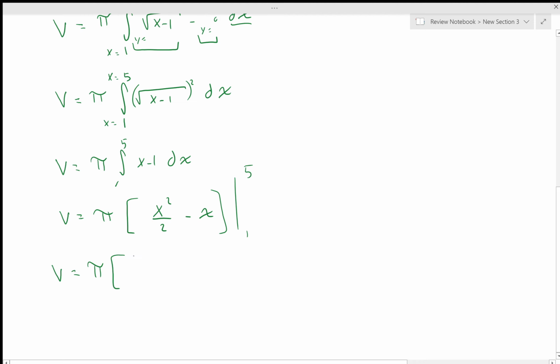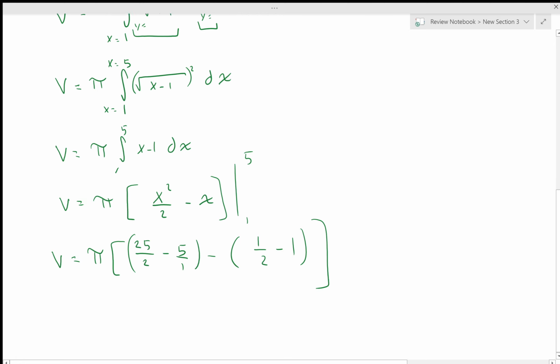5 times 5 is 25 over 2 minus 5. And let's just, minus 5 over 1 I'll even say. So this quantity minus the quantity of 1/2 minus 1. All that times pi.